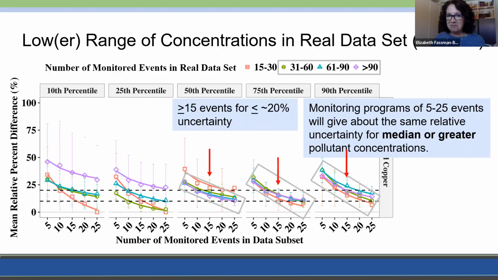But this magic number of 15 jumped out at us again. Again, we needed about 15 events, which corresponded to about 20% uncertainty. And again, we're not advocating 20% uncertainty. This is more just for pointing it out, and it was interesting to us that it converged around the same values.